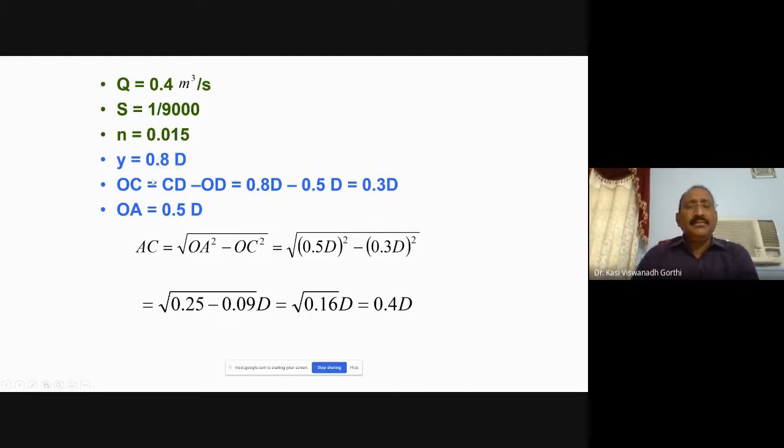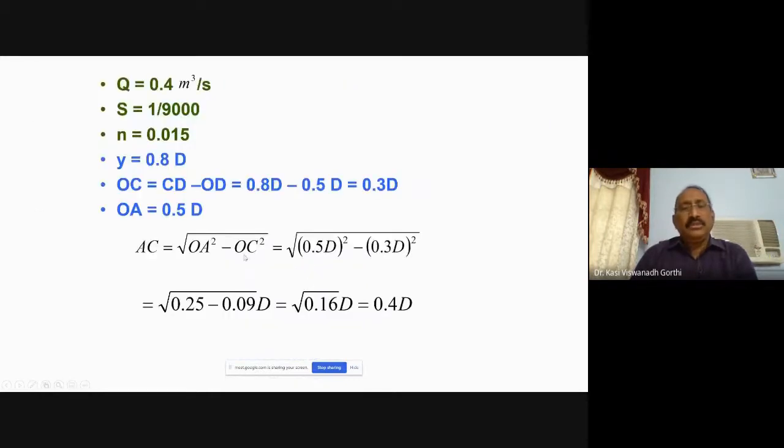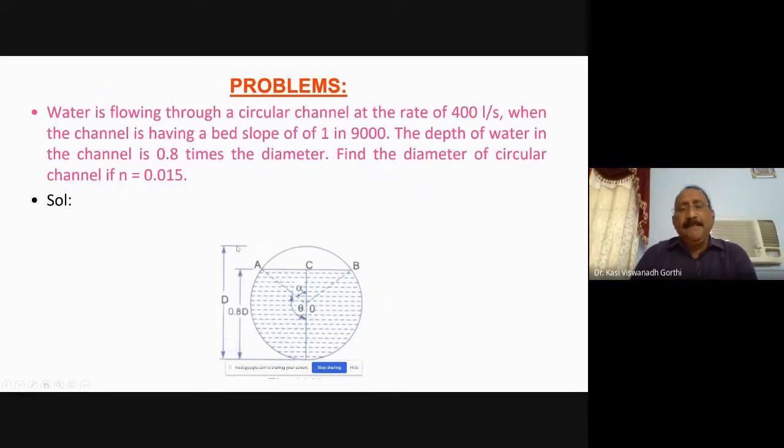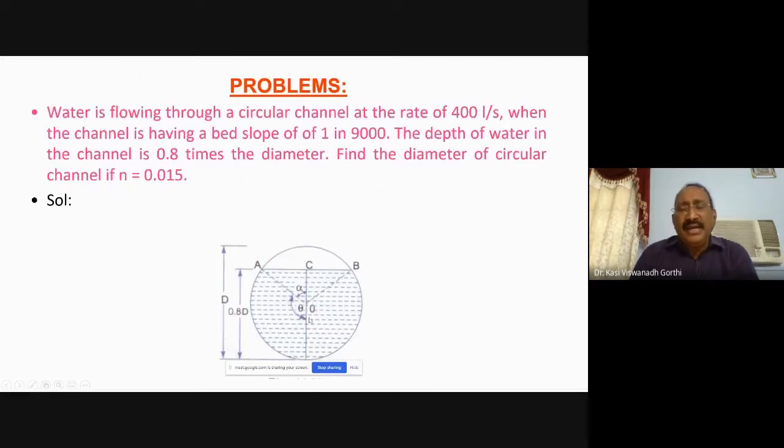Then from the figure, what is OC? OC would be equal to CD minus OD. You will be getting 0.8 D, the total diameter, and 0.5 D is the radius.